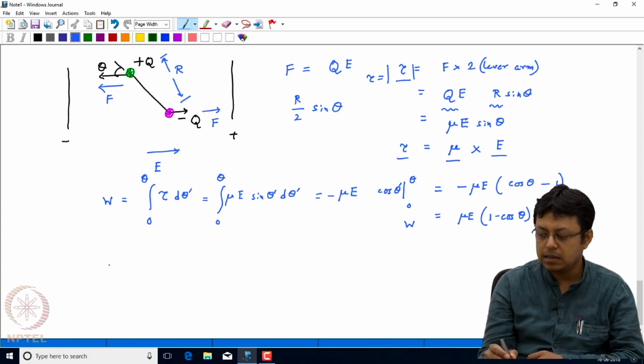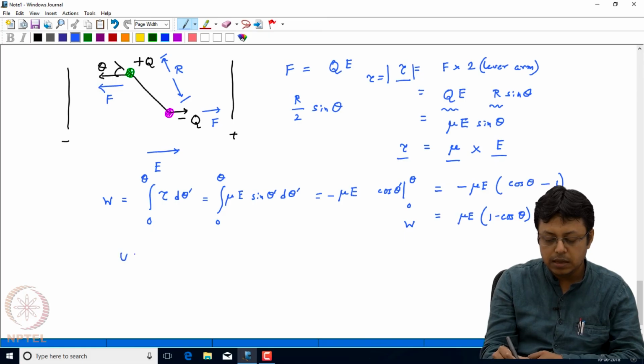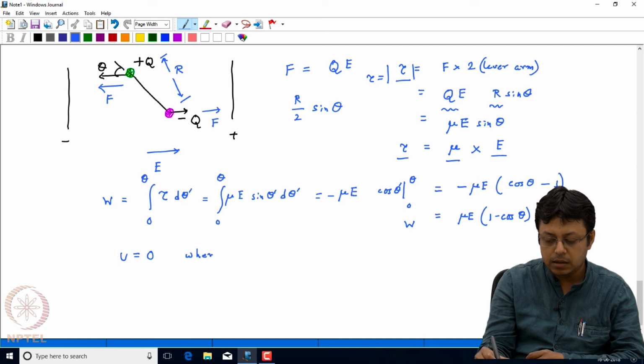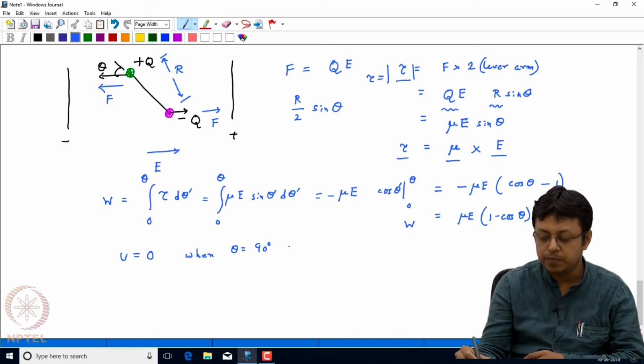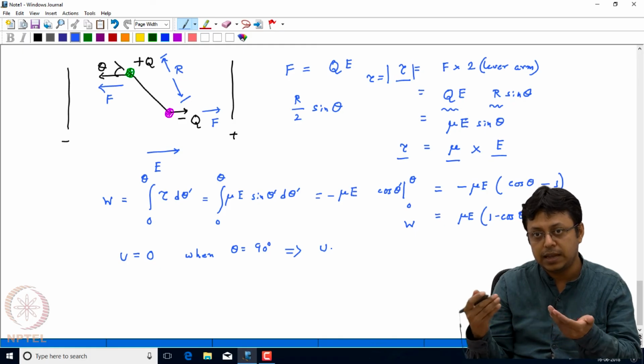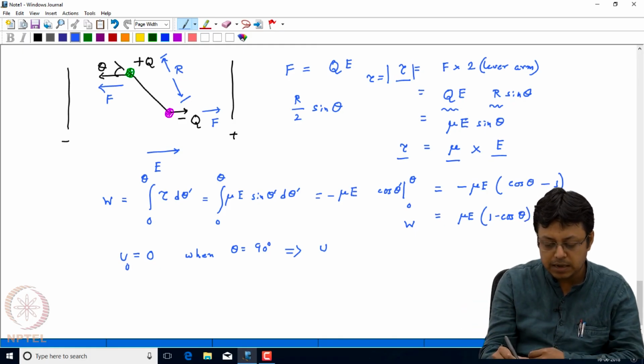So, from that perspective we can choose U equal to 0, the zero of potential, when theta is 90 degrees, or pi by 2. Otherwise U will be a constant, and from that constant we are taking it to be 0, so we better write it as U 0.